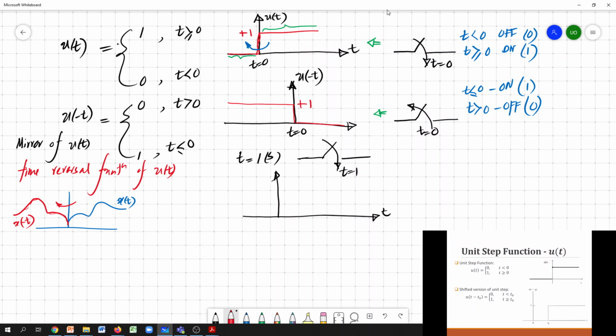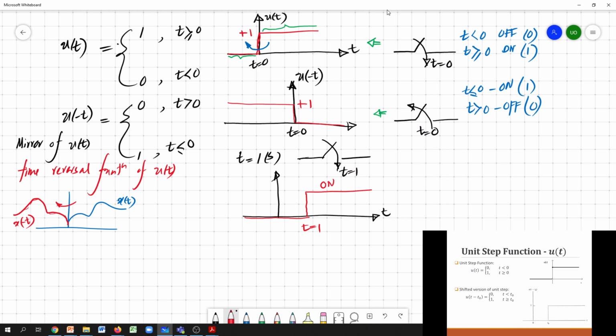So this switching happens at 1 second. Until t equals 1 second, the switch is open, then it turns on.